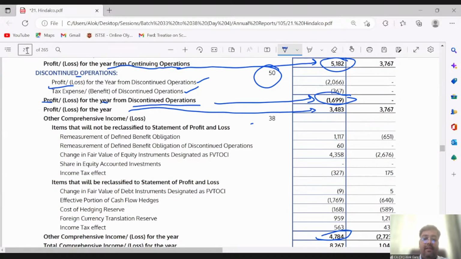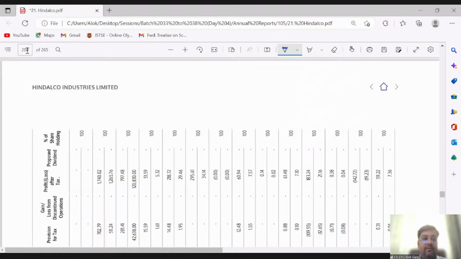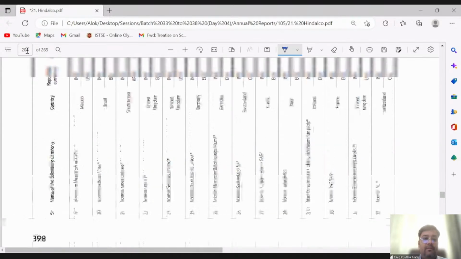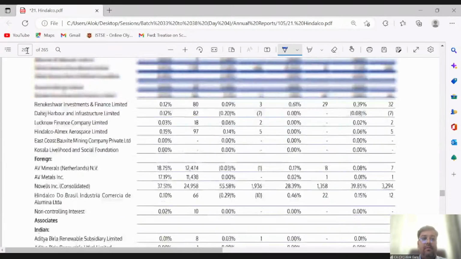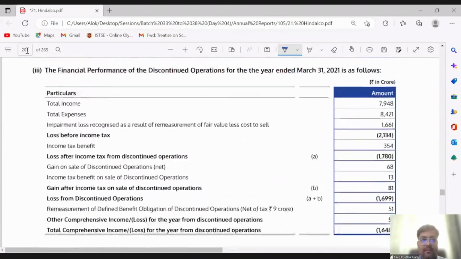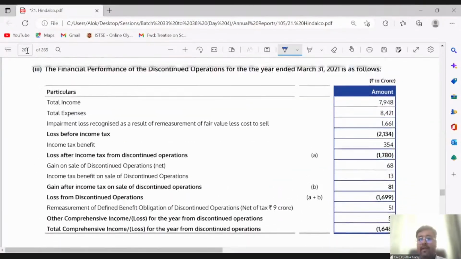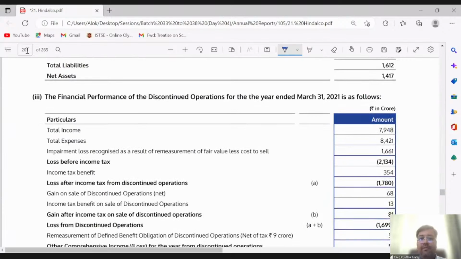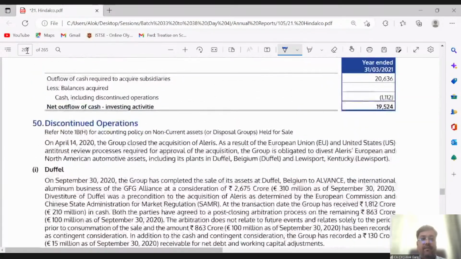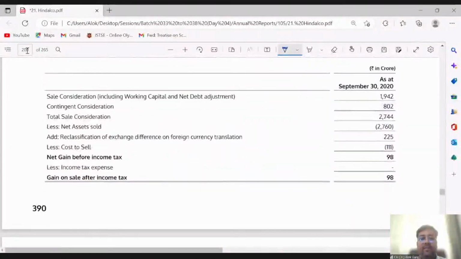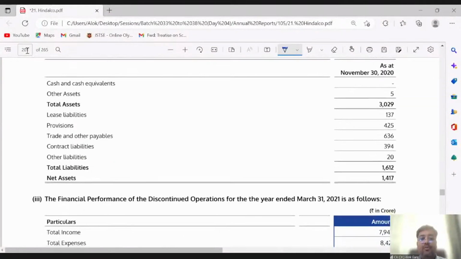And in note number 50, we will see that, just a minute. Yes. In note number 50, can you see note number 50? It is note number 50, right? Discontinued operations. And let me show you the presentation in the notes to accounts.